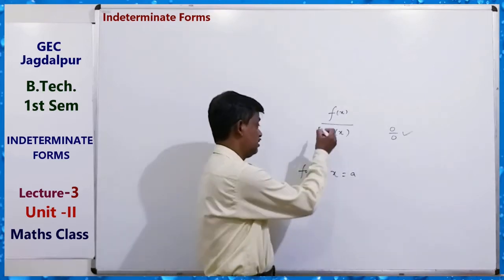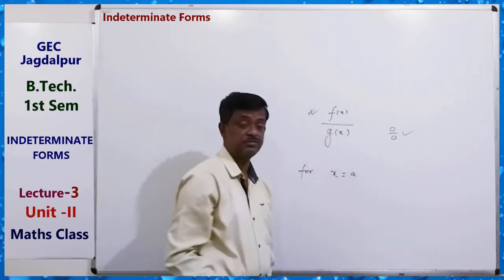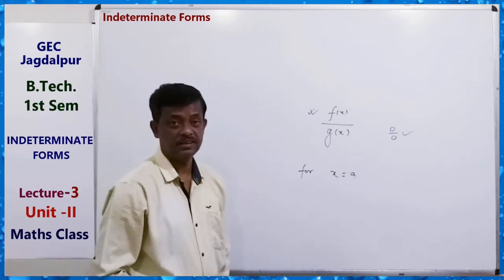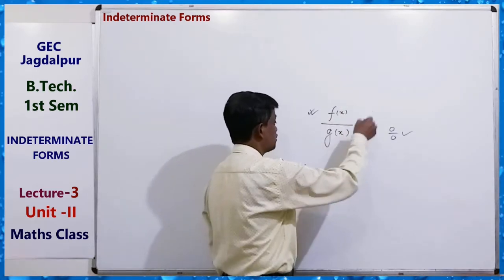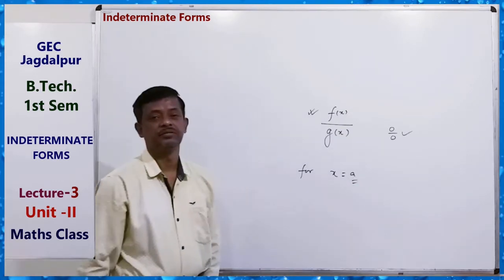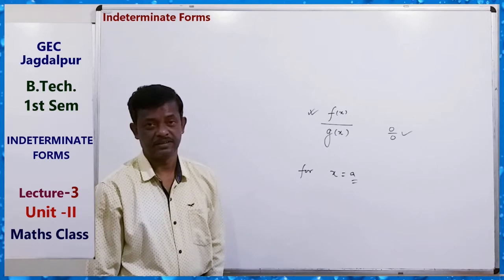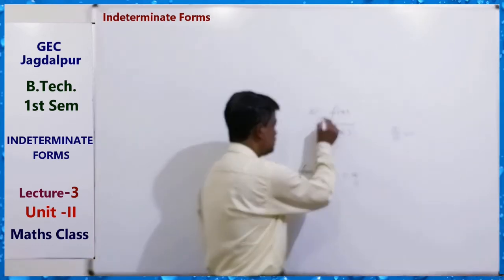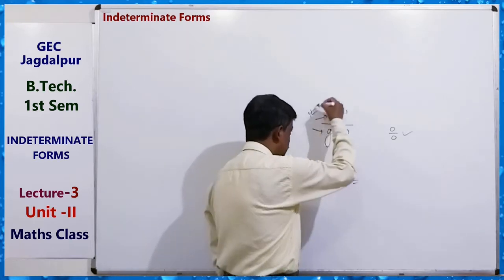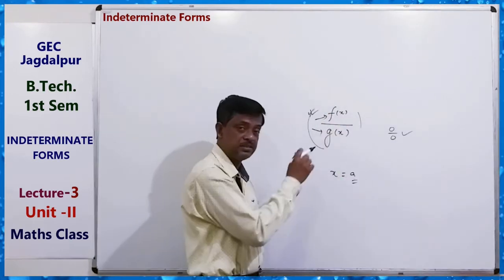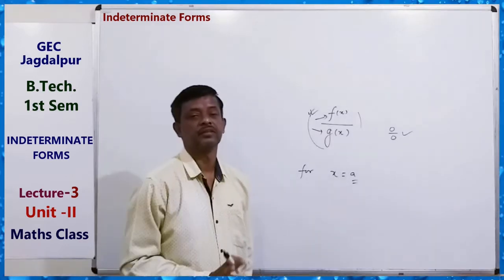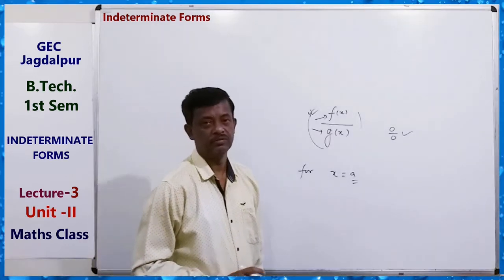But its value may be approximated to some limit. Separately, f and g are 0 at this point, but after solving, we can approximate this quotient to a definite value.